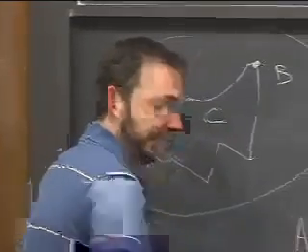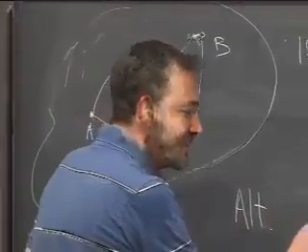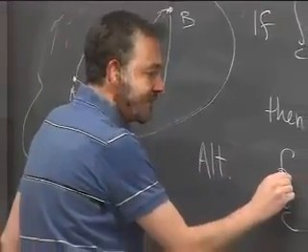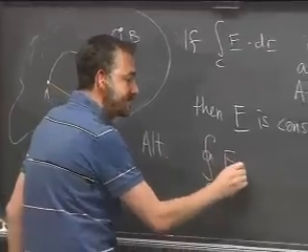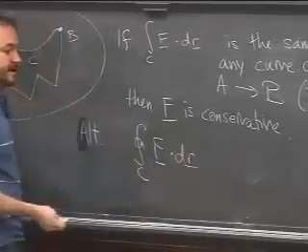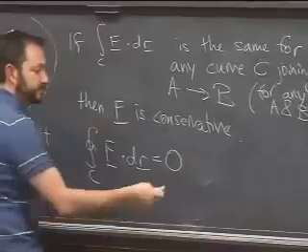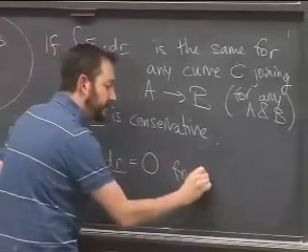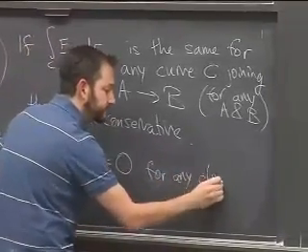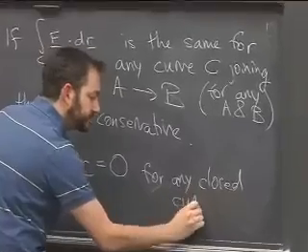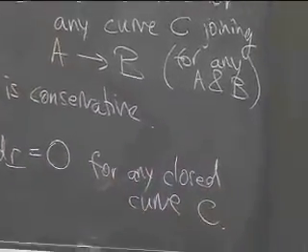Now, this actually turns out to be the same as saying, alternatively, that the integral of F dot dr is equal to 0 for any closed curve C. Closed in this case means a loop.